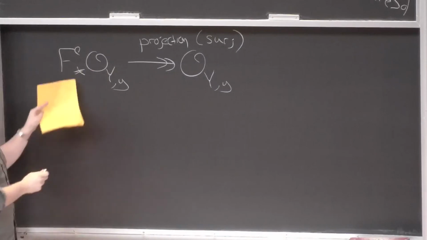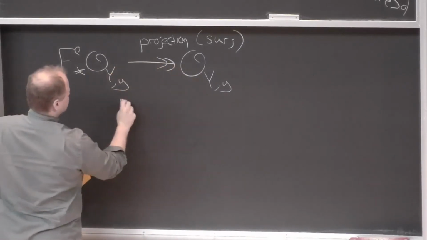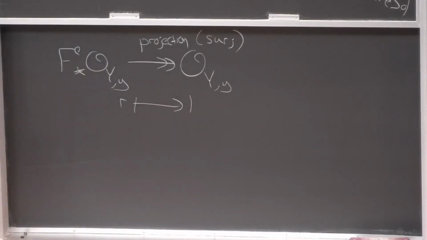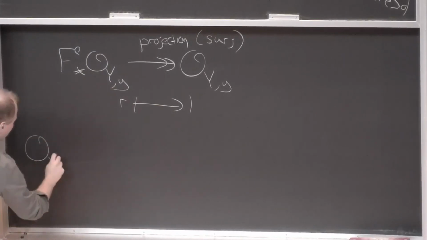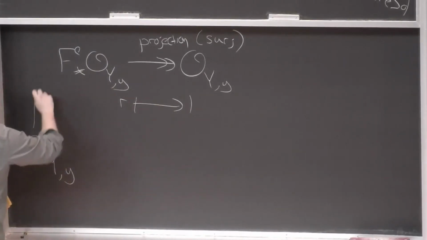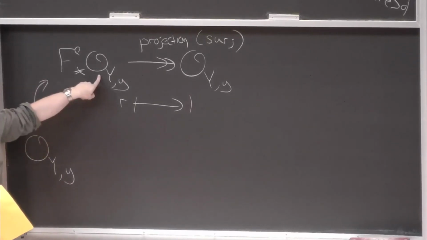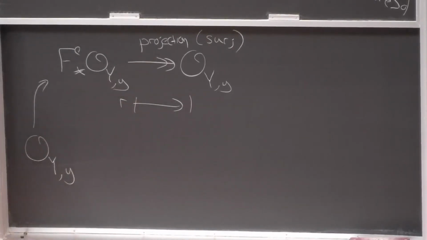I know it's surjective, so it has to send something to 1. Maybe it sends some r to 1, little r. And the problem is, maybe I have O_Y, I have the nice little Frobenius up to there, but 1 doesn't go to r. Maybe 1 goes to something that gets sent to 0. So it's probably not a Frobenius splitting.